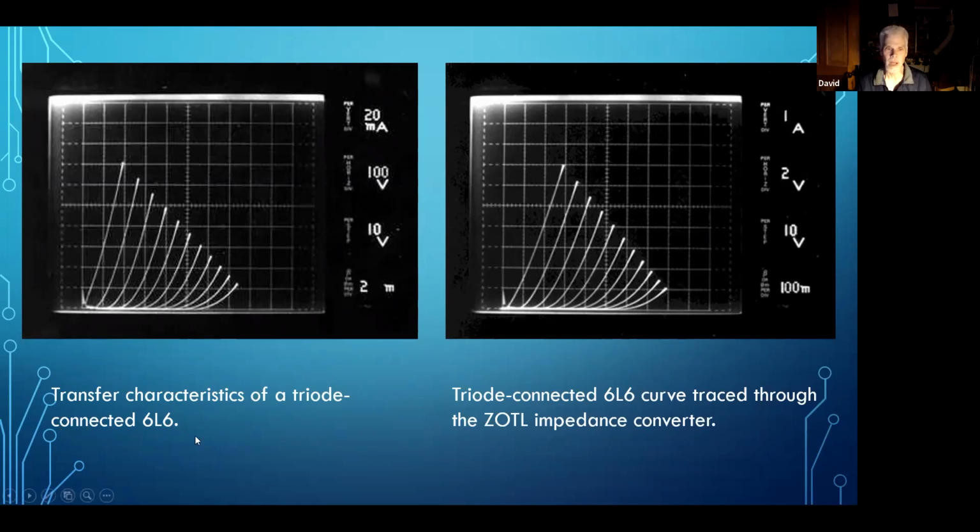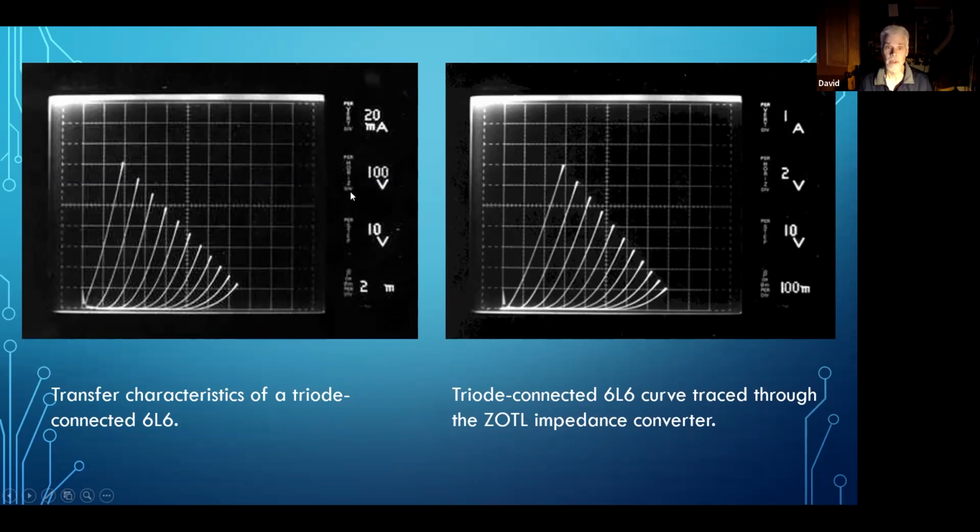For this graph, I did the transfer characteristics of a triode connected 6L6. The way this is displayed, per vertical division you see the plate current, 20 milliamps per division here.